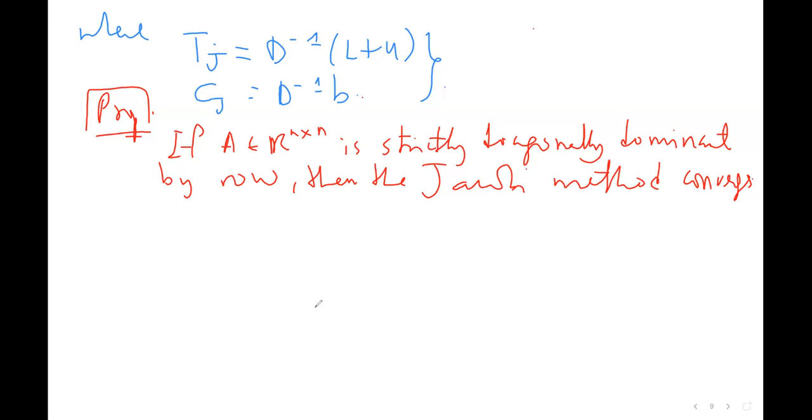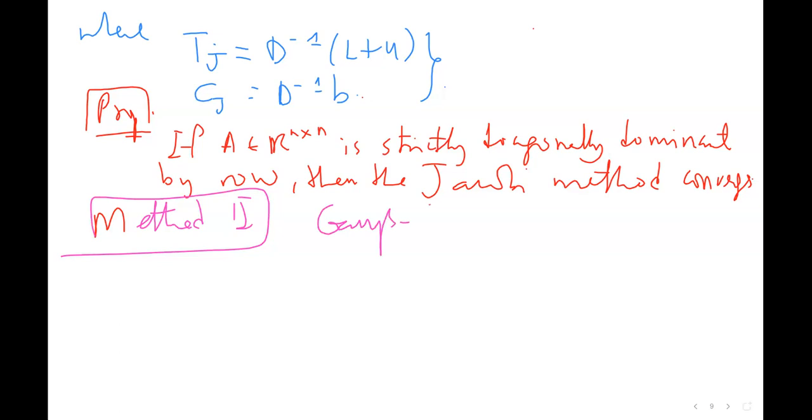Okay. The next method is called the Gauss-Seidel method. For the Gauss-Seidel method, what you do is a bit different from the Jacobi method.